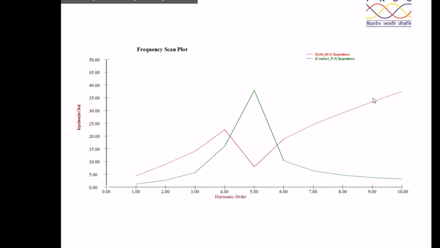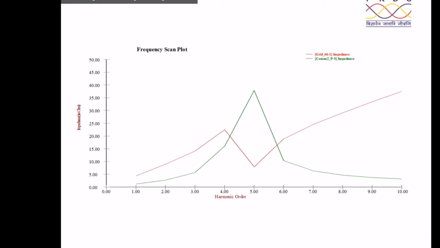Then again it started increasing. Minimum impedance means a series resonance condition. Maximum impedance means a parallel resonance condition. Therefore, here there is a series resonance condition corresponding to the 5th harmonic.